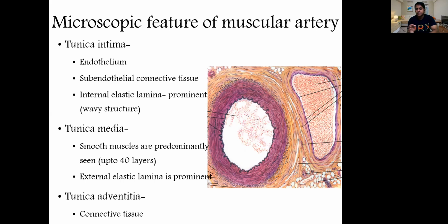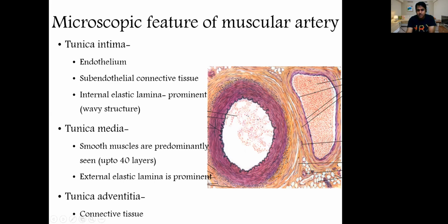After death, there happens a rigor mortis, and in the rigor mortis, all the muscles go into contraction. When the smooth muscles contract, they create the wavy nature, or they try to fold the elastic fibers right there. That is the reason why the elastic fibers in the internal elastic lamina are wavy.